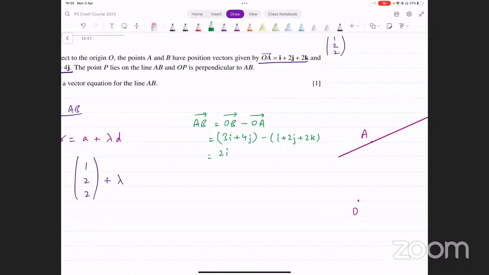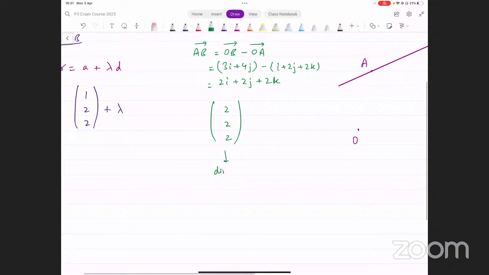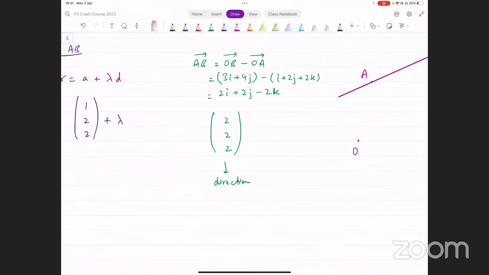This gives us 2i plus 2j plus 2k. This is the vector AB. You can leave it like this, or if you write this in vector form, it would look like this, 2, 2, 2. This is the direction of the line. Okay. I'm sorry, this is minus 2k, not plus 2k. So this is 2, 2, and minus 2. This is the direction of the line AB.